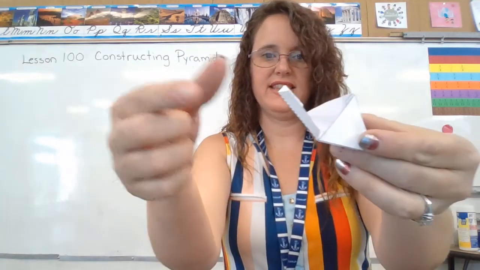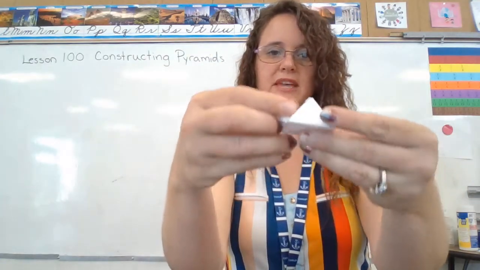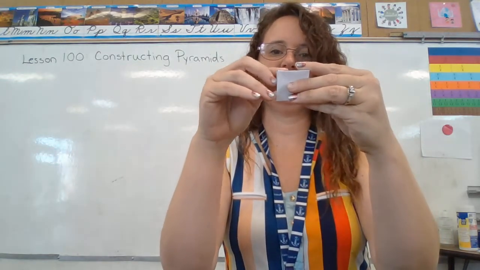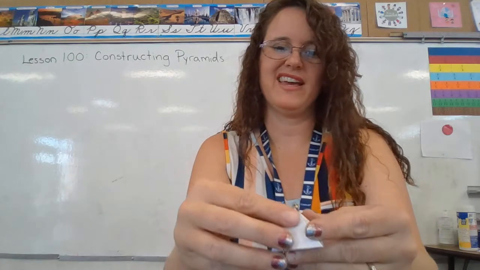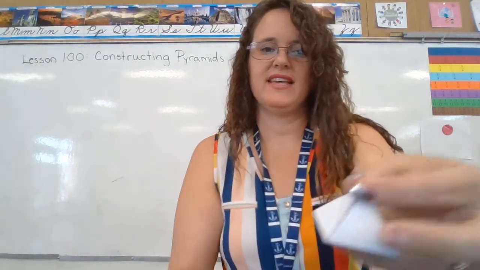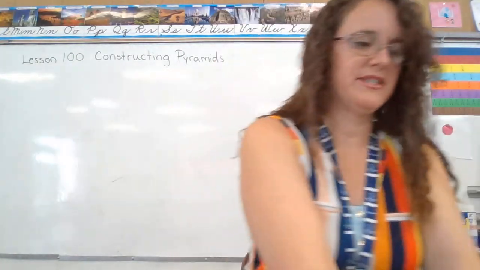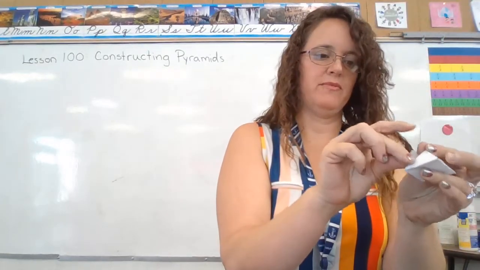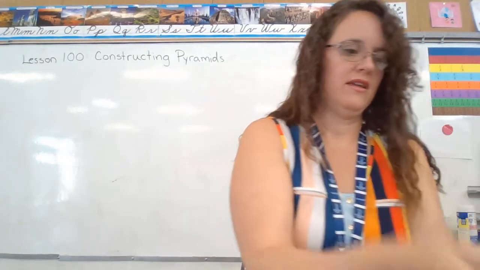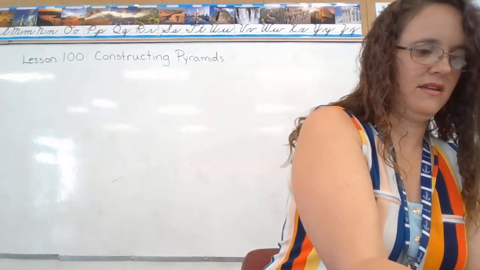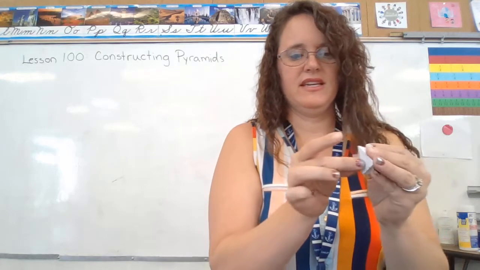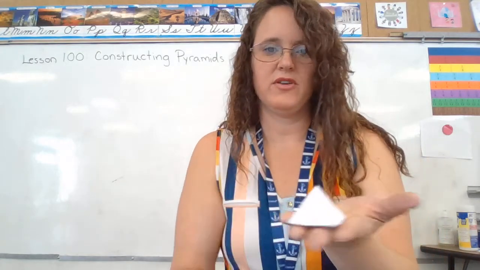And then I'll take this side that has flaps and I'll fold them in so that they can fit inside. Like I said yesterday, I kind of like it inside. If you need to tape the flaps on the outside, that's okay too. You will still end up with a pyramid. See, I always think this one goes quicker.